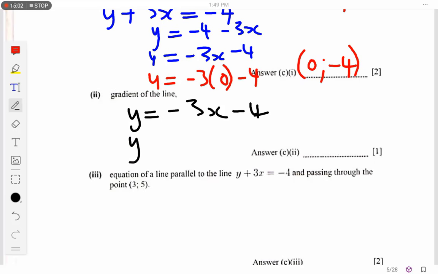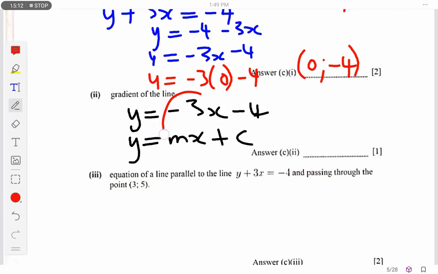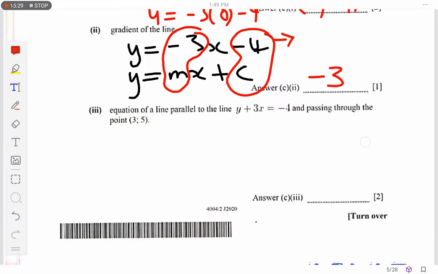We have a general equation of a line, y is equal to mx plus c, whereby m is our gradient and c is our y-intercept, where the line crosses the y-axis. So the gradient on this one is going to be minus 3. Okay, let's move on to the next one.